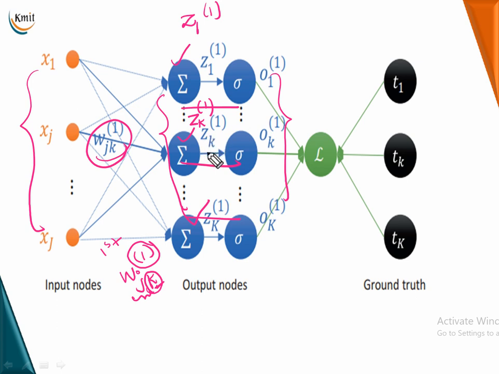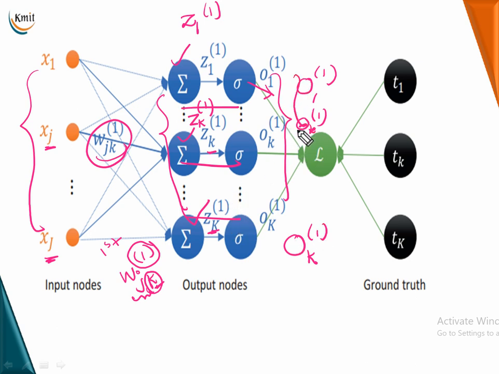You have this small k and this is capital K, so don't worry, this is small j and this is capital J. You can use some other notations also of your wish, but just be careful. Now you have output coming out of this first activation function as O1 of first layer. Similarly, O small k of first layer and O capital K of first layer. So this is how it is.